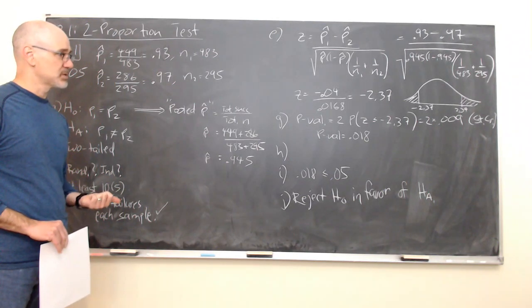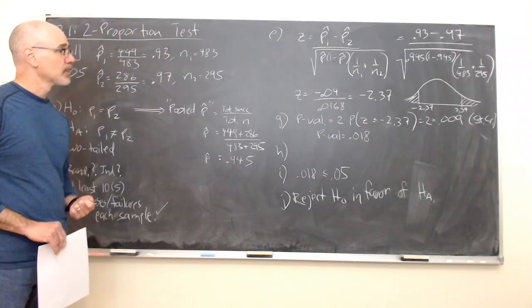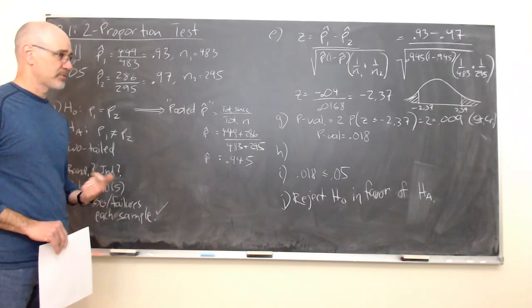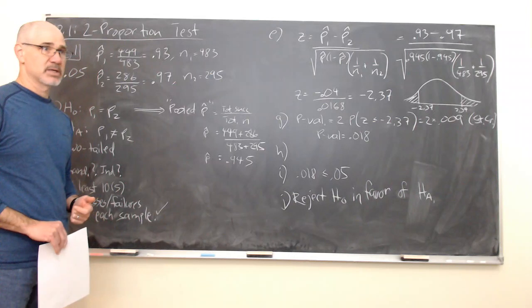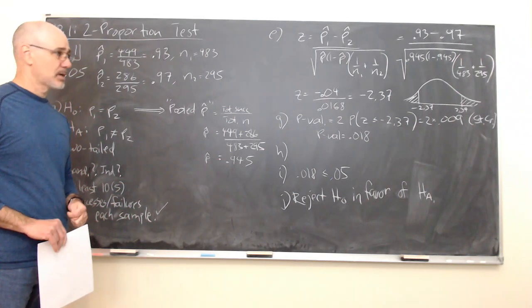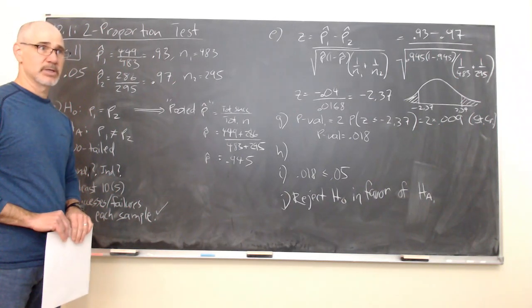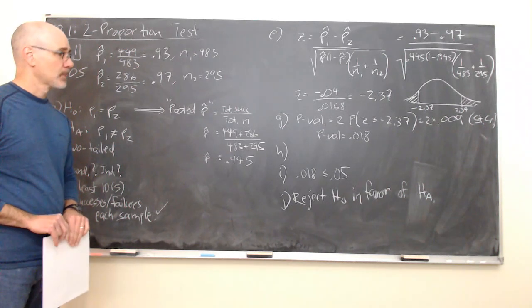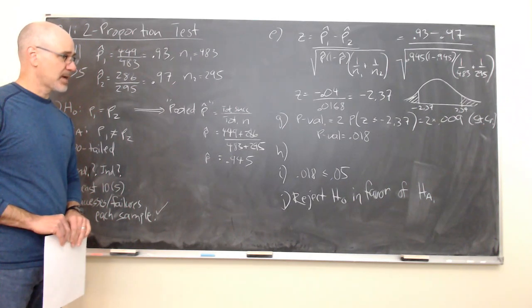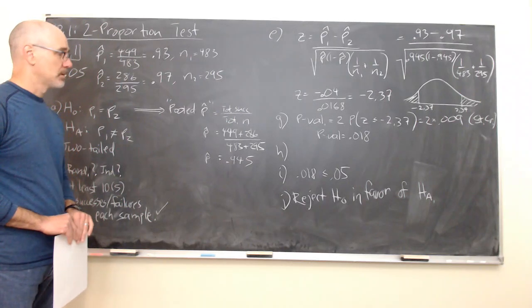So we use it to get a p-value that tells us the probability of getting our results or something more extreme if the null is true. And then we compare that p-value to whatever our pre-assigned significance level alpha was. And if the p-value is less than alpha, that means our results were too rare to be plausibly attributed to chance. In that case, we would say we have statistically significant results and we would reject the null in favor of our alternative. Okay, so that's the structure.